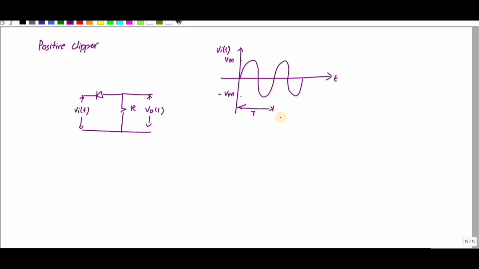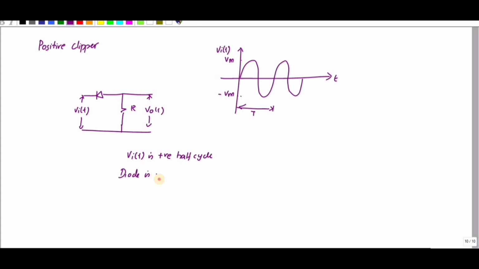What happens when the input voltage is positive? When Vi(t) is positive, during the positive half cycle, the diode is open circuited.